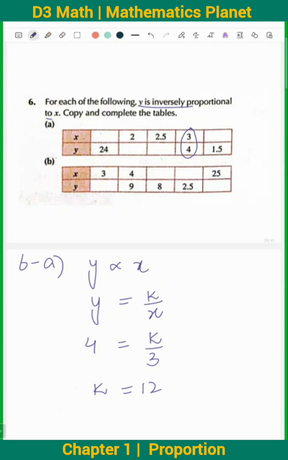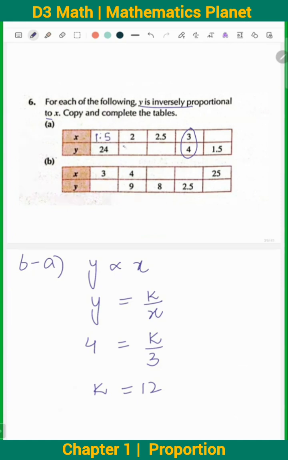Ma'am, the first value of x will be 1.5, and the last value of x will be... What will come over here? Ma'am, the first value of x will be 1.5. Okay. Here, value of y.